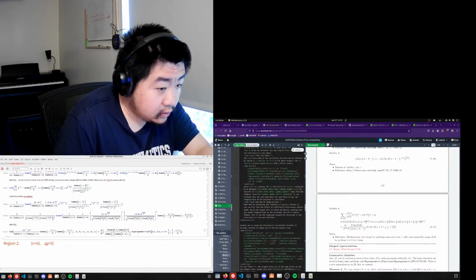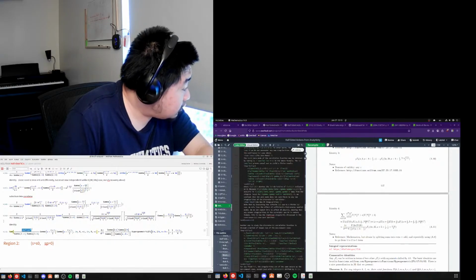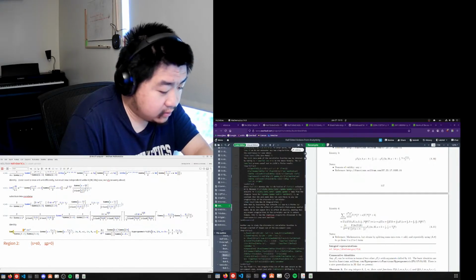Right, okay, so I have x. This is the other way, but it doesn't matter, this is symmetric.